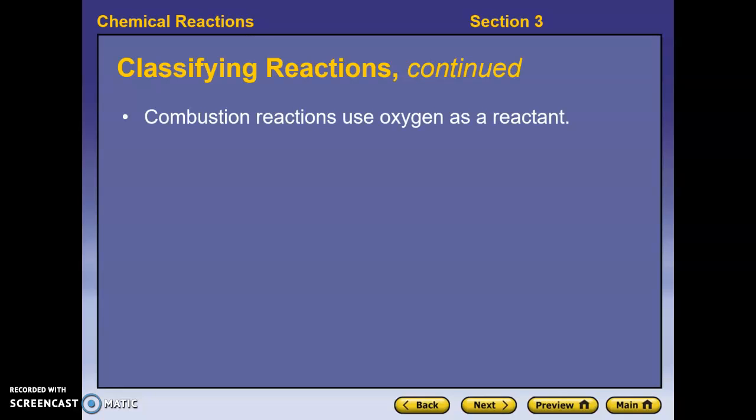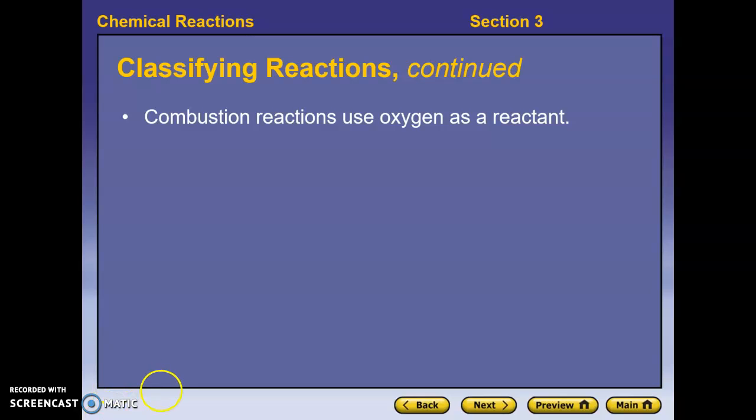The third type of reaction is a combustion reaction. I think if you, again, think about your everyday life, you in general know what combustion is. We know that combustion means burning or fire. Inside of your car engine, an internal combustion happens. Combustion always requires oxygen as a reactant.